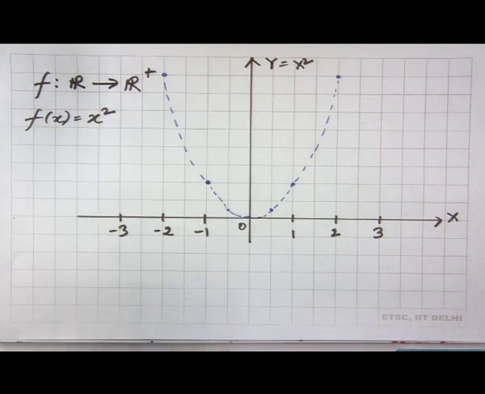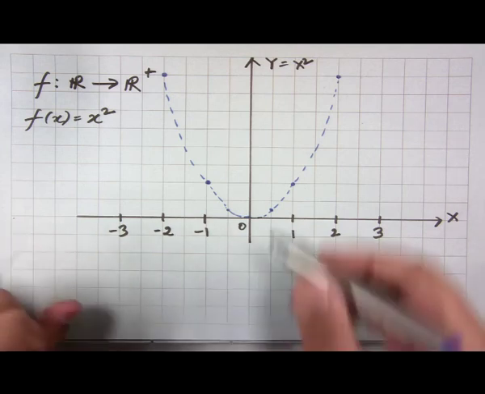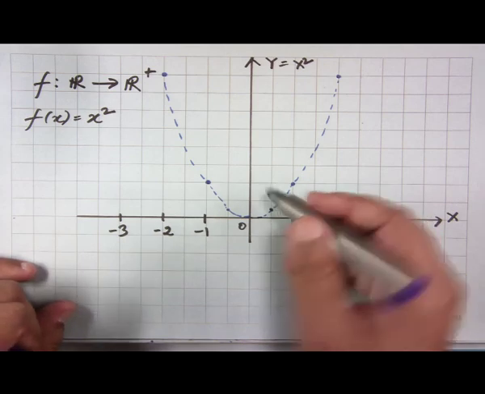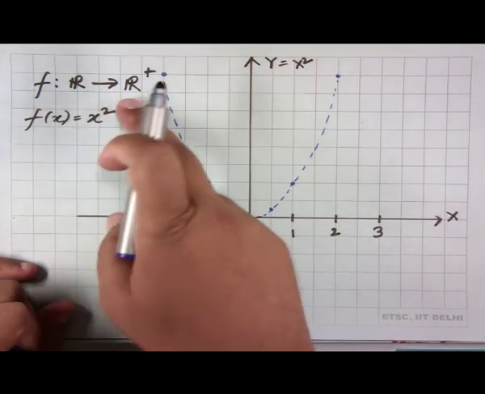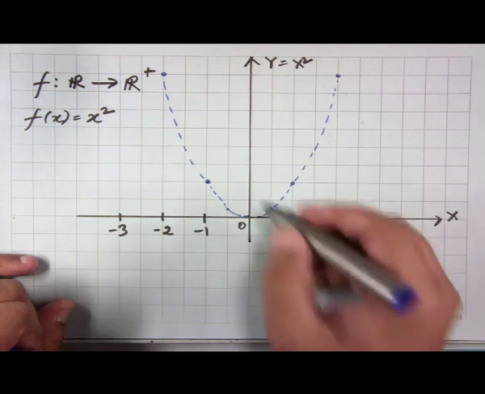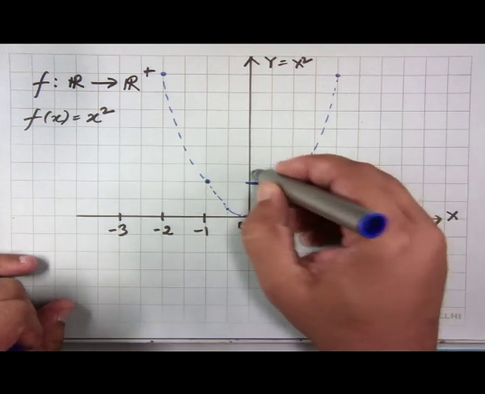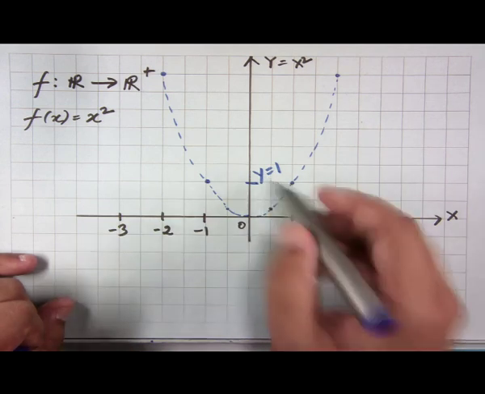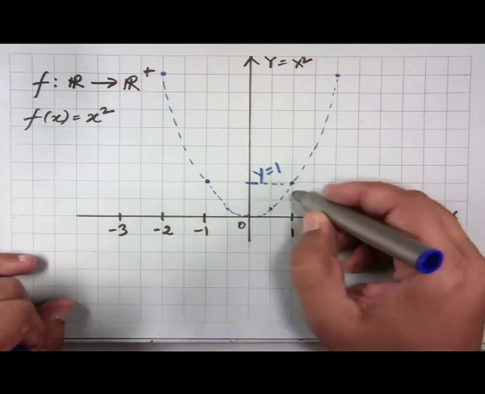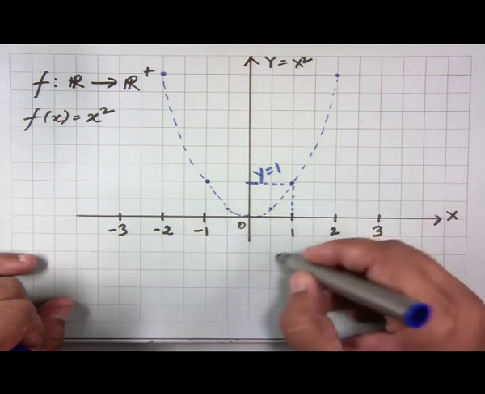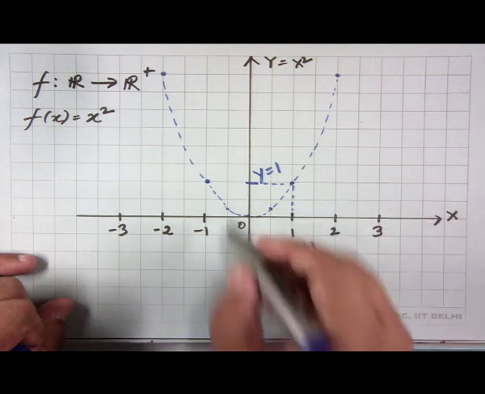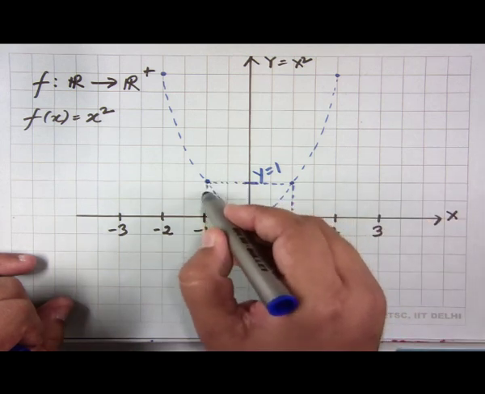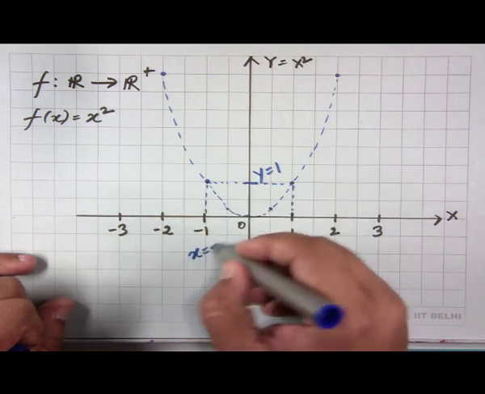Now, as you can see here, for any value of y in the range of this function f, let us take for example y equal to 1. For y equal to 1, we see that there are two values of x, one is x equal to +1, and the other is x equal to -1.